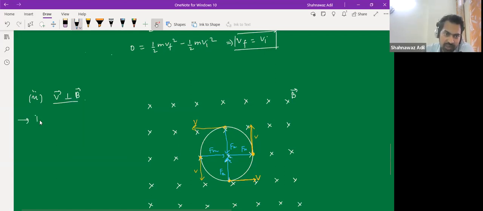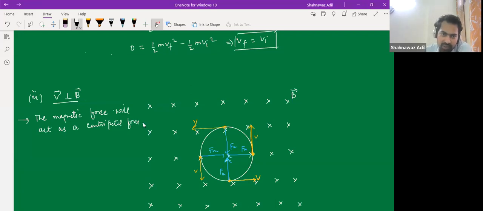The magnetic force will act as a centripetal force. Why? Because you saw the direction: it is always directed towards the center, right?